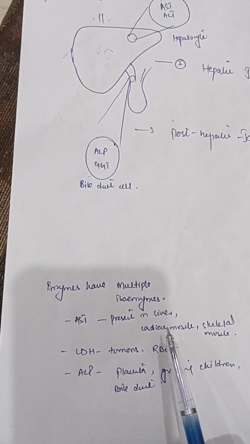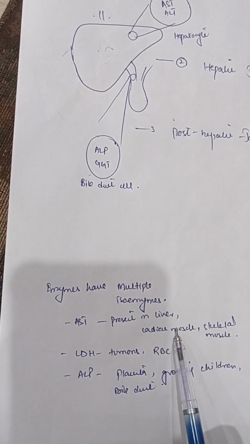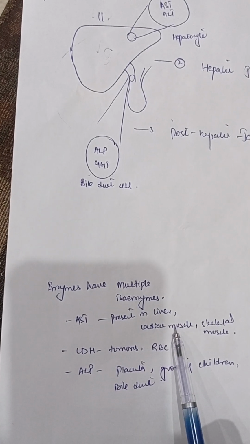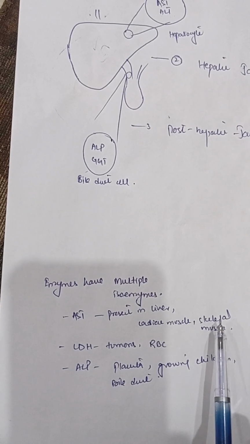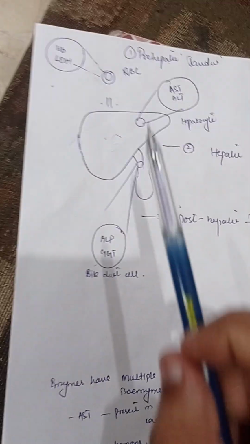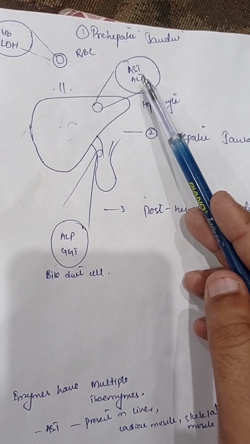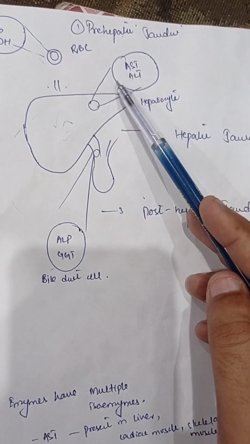So if there is any disease affecting the liver, AST can be raised, or if there is any disease affecting the cardiac muscle, AST can also be raised, or if there is disease affecting the skeletal muscles, AST can also be raised. But if the disease is affecting only the liver, AST will be raised along with ALT.